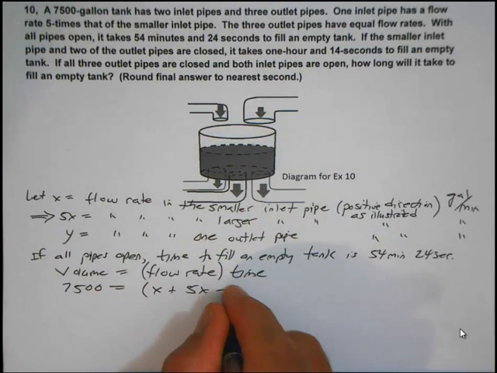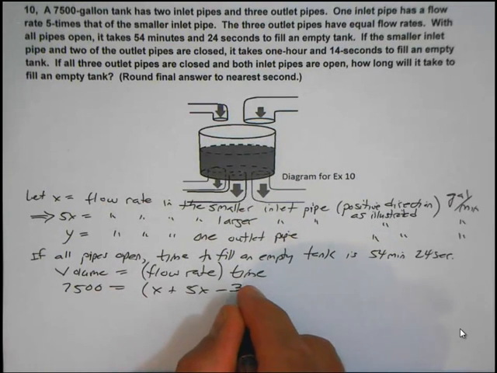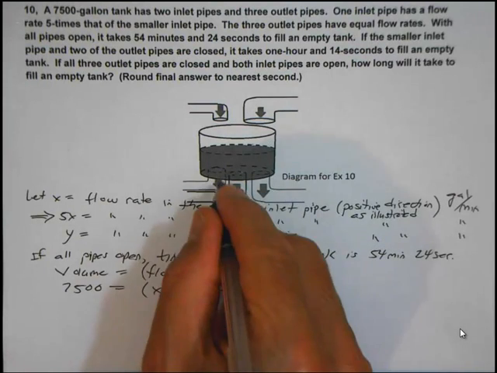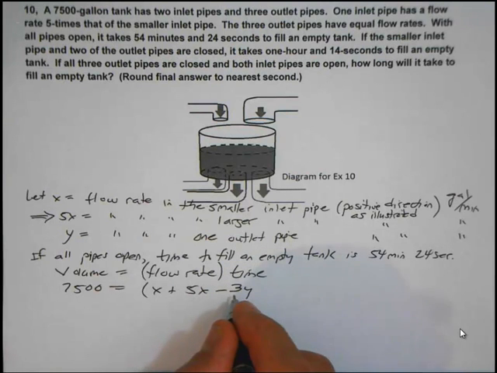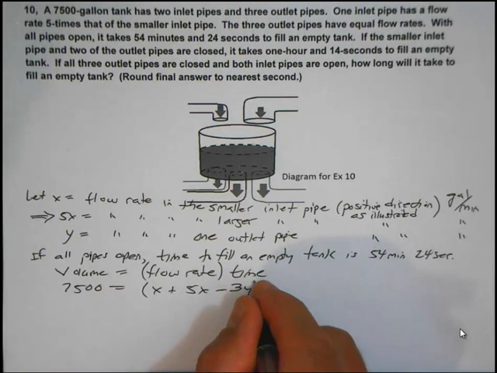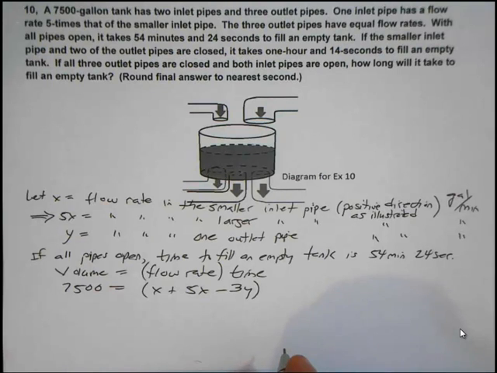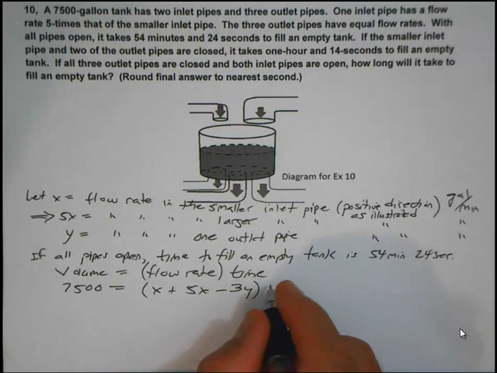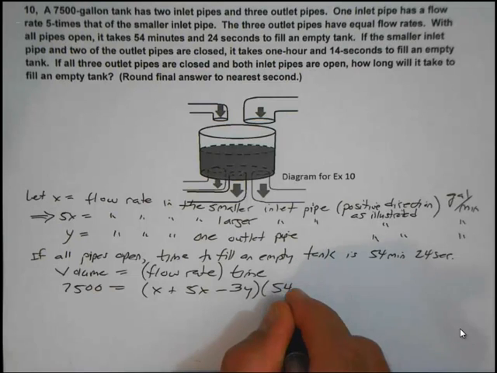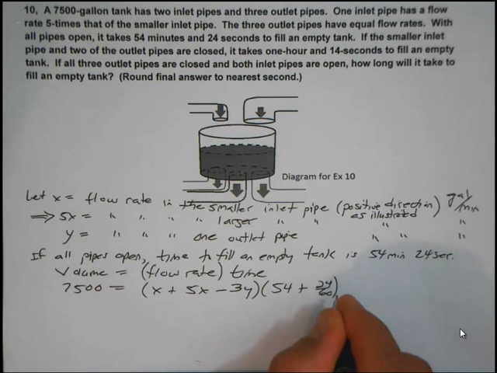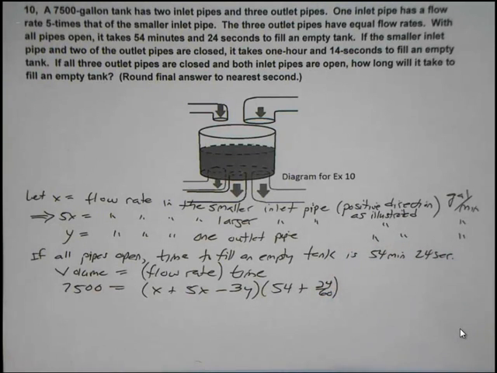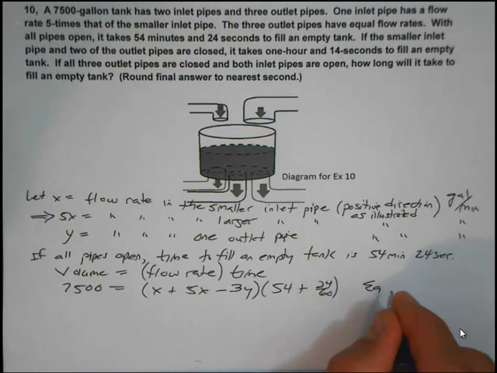So that's a minus 3y, 3 identical outlet pipes flowing in the direction shown are going to cause the flow rate to decrease. Okay, how about that time? Alright, 54 minutes, 24 seconds. Now we're going to stay in minutes here, so 54 plus 24 over 60. Okay, got an equation. Equation 1.